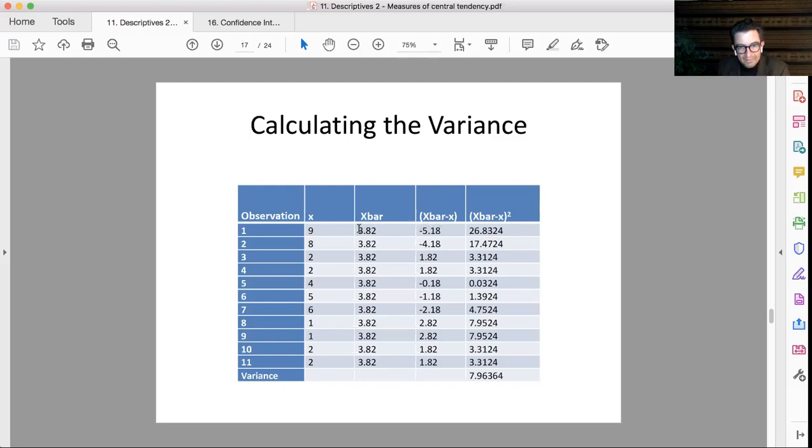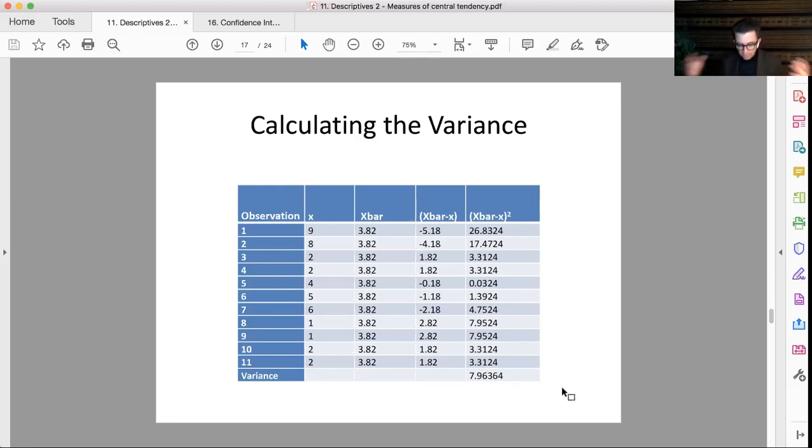From the mean, we subtract the value, so for this observation, we did that, and we square it. And we do the same, we subtract here and we square that. And when we add all together and divide by n minus 1, in this case by 10, it's 11. And that is the variance.